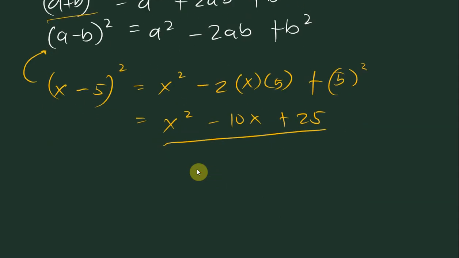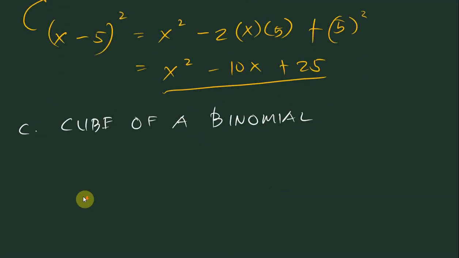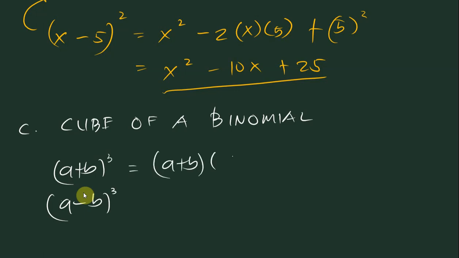And then for last one, we have here cube of a binomial. Okay, cube of a binomial. The patterns for that will be a plus b cubed and a minus b cubed. So this is basically equal to a plus b multiplied by a plus b squared, right?